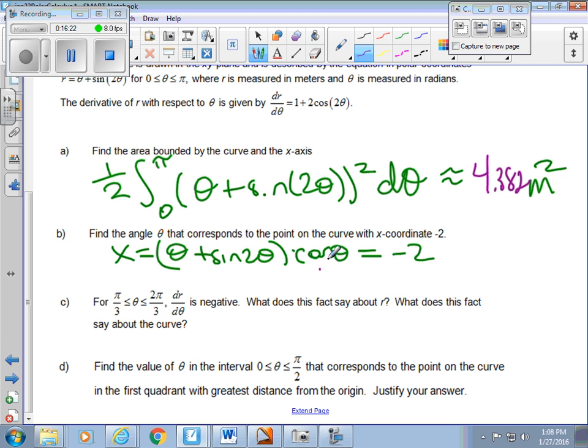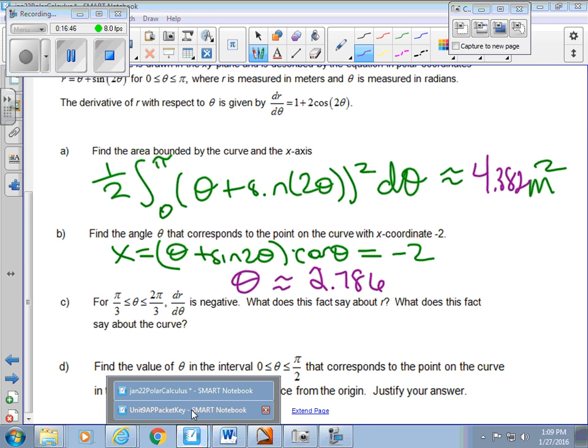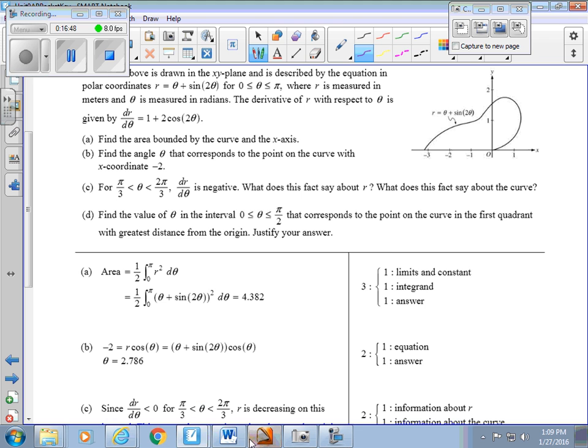Put this side in y1, put -2 in y2, and find all of the intersections from 0 to pi. So set your window to 0 to pi so you won't get any extras. What do we get? 2.76. That's correct.